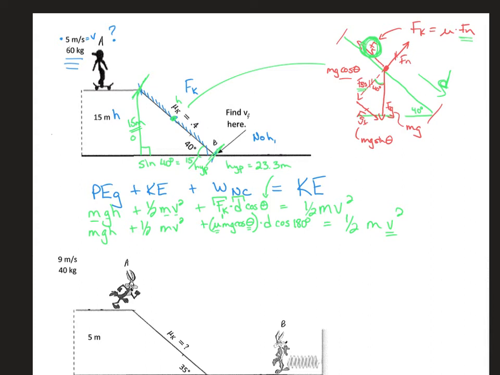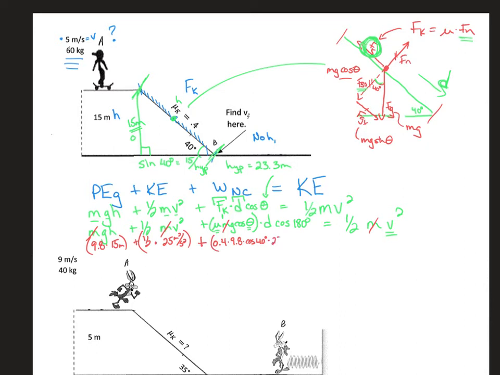Okay, so I think we're ready to plug in. Right off the bat, I notice that there's a mass in every term, so we're going to cancel that out. 9.8 times the height of 15 meters, plus 1/2 times the velocity of 5 squared, or 25 meters squared per second squared, plus mu, which is 0.4 times 9.8, times cosine of 40 degrees, the angle of the hill, and times a distance.